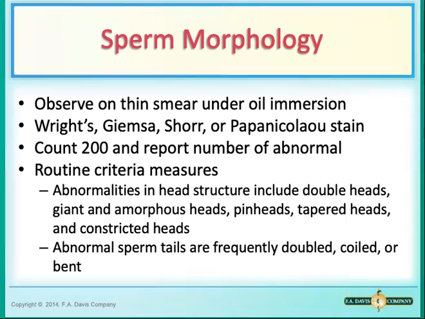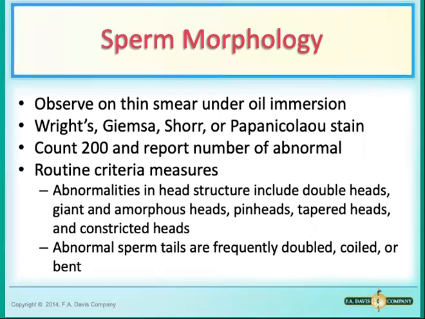You can actually stain this. You can use Wright stain or Giemsa or Shorr or Papanicolaou stains. It just depends on the preference or whatever the laboratory employs. You will then air dry the slides, and those will be stable for about 24 hours. In order for you to evaluate the morphology, you should evaluate at least 200 sperm, and the percentage of the abnormal sperm is reported.